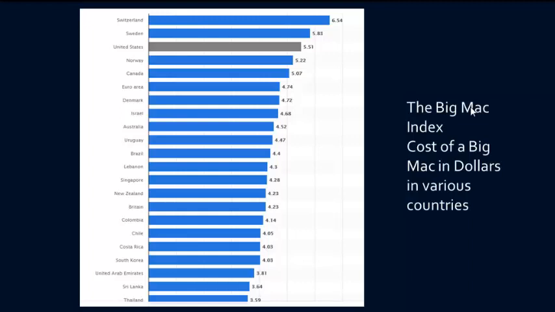You can see that the cost of producing the Big Mac in the other countries is much less, like in Thailand it's 3.59. So the real exchange rate would be basically the ratio of 5.50 to 3.59.